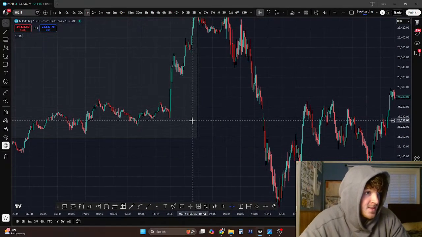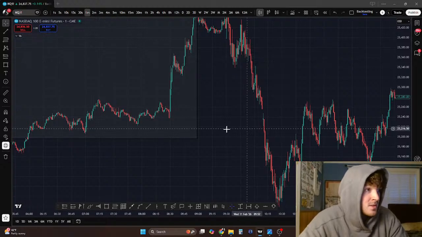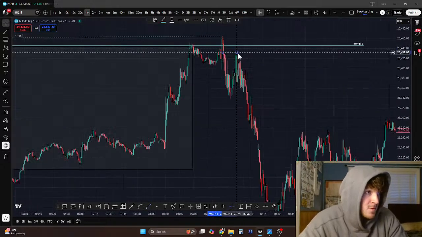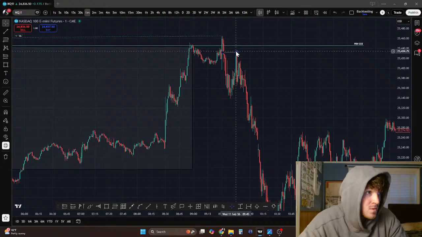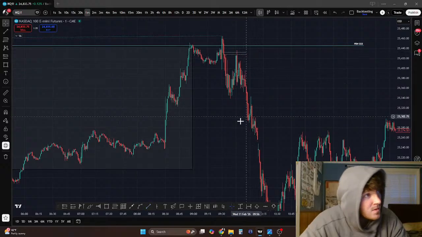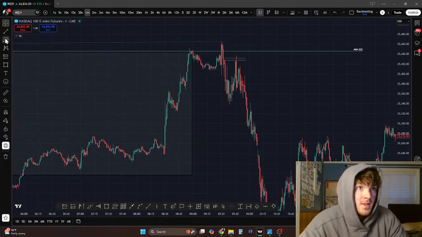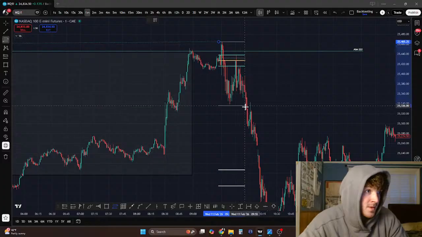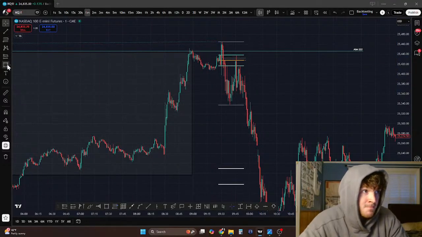That really is pretty special, actually. That fair value gap is like perfectly placed. And so you see how that matches up with 0.705, the bottom of it.